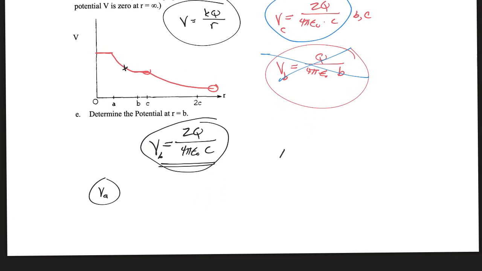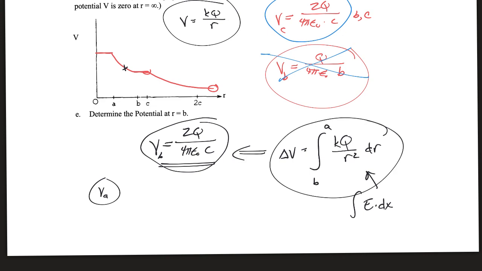I can calculate the change in potential from B to A. And now put in QK over R squared dr. Remember, this is the integral of E dot dx. That's how you find a change in potential. But I would have to add whatever this change in potential is to the potential I already had.